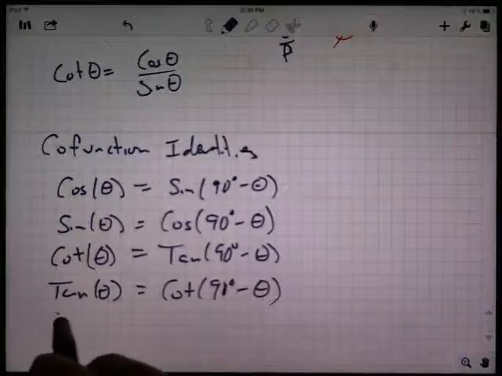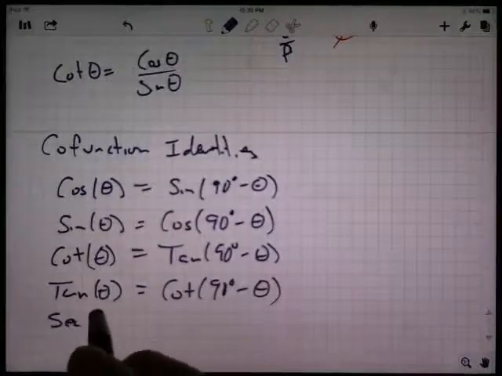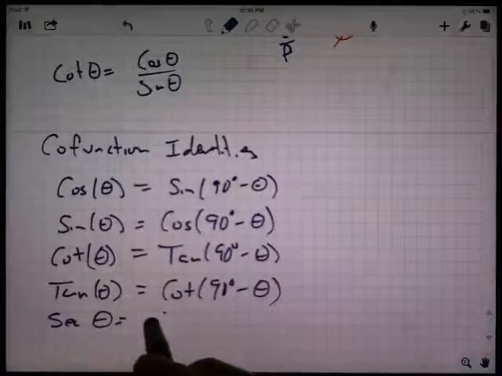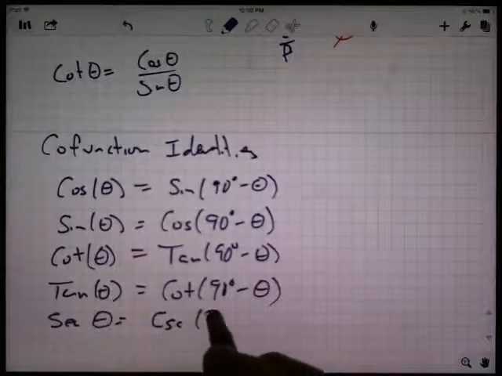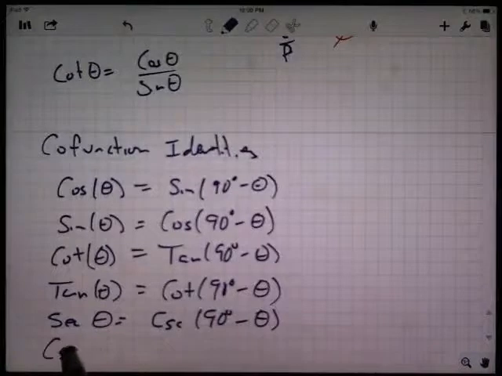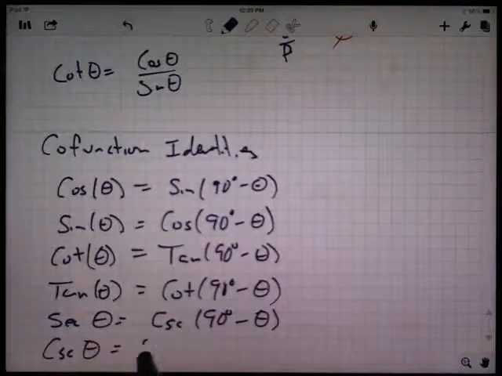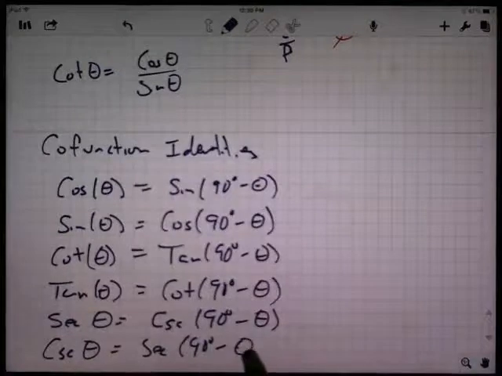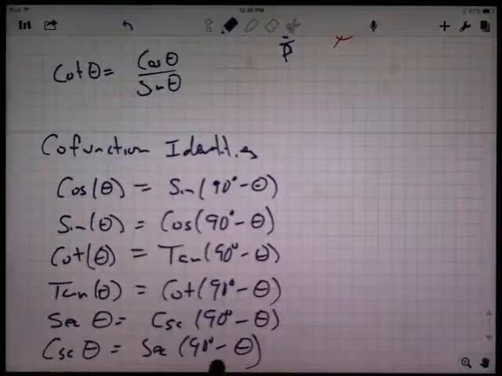And secant and cosecant as well. So the secant of theta is the cosecant of the complementary angle, and the cosecant of an angle is the secant of the complementary angle. Right? Theta and 90 minus theta are the two angles in that right triangle.